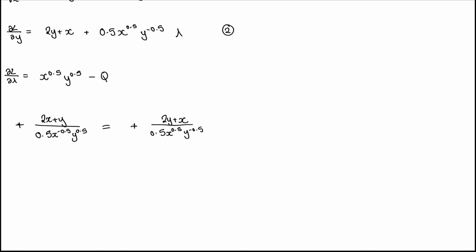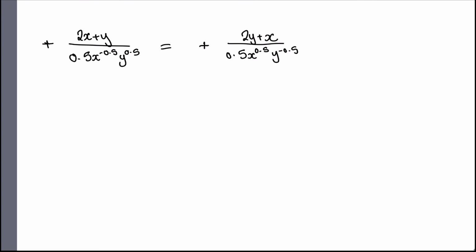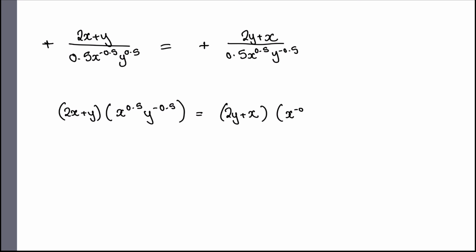We can make these both positive, and if we cross multiply, we get 2x plus y brackets x 0.5 y to the power of minus 0.5 is equal to 2y plus x brackets x to the minus 0.5 y to the power of 0.5.